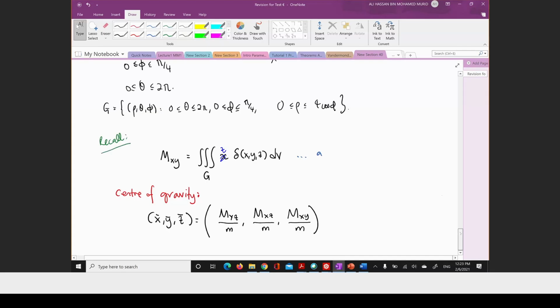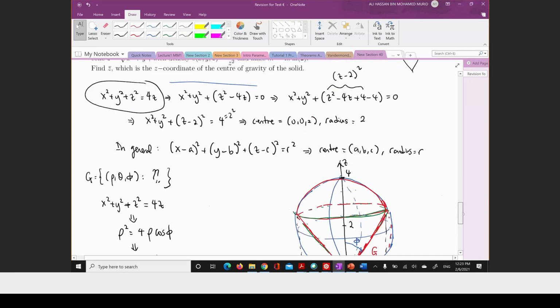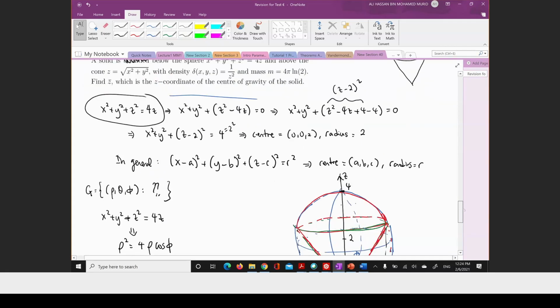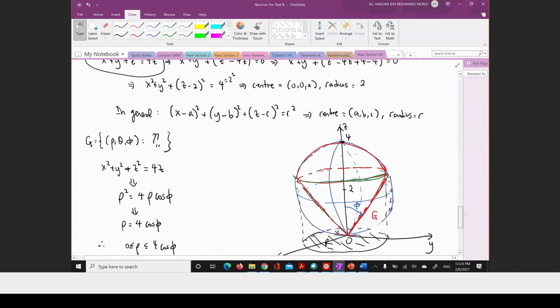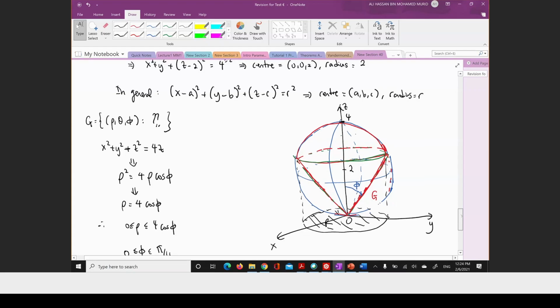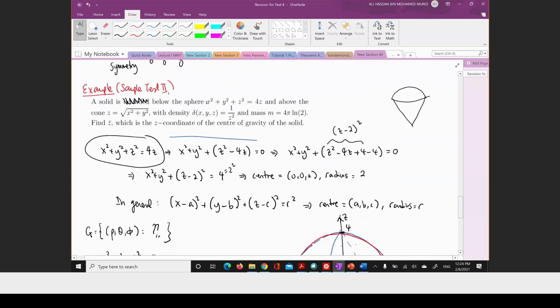Where do you think the center of gravity should lie? Along the z-axis, yeah. Why? For two reasons. Because G is symmetric with respect to the z-axis, and look at the density also.